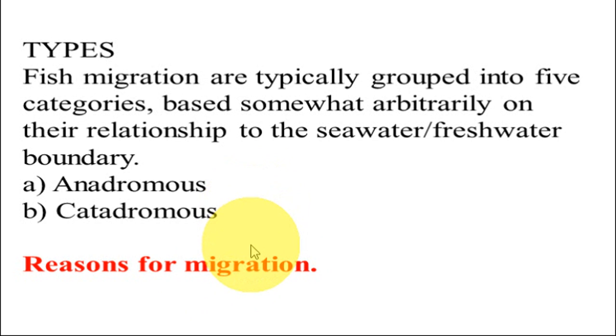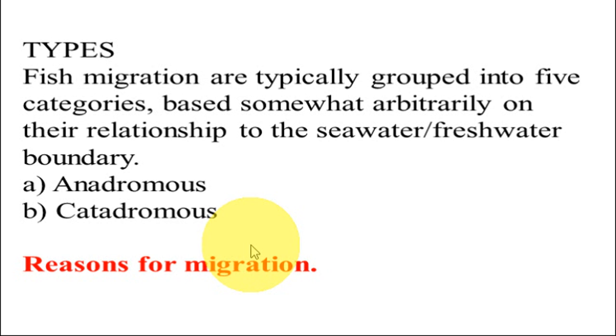Now the reason for migration. Fishes migrate for several reasons. One is in search of a suitable place for breeding. Another is the supply of food. Then another is favorable temperature and light. Then the salinity of the medium.